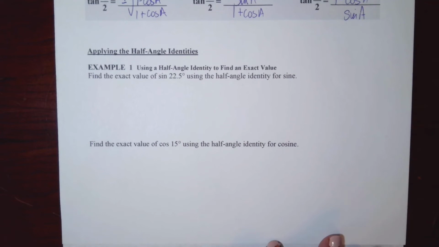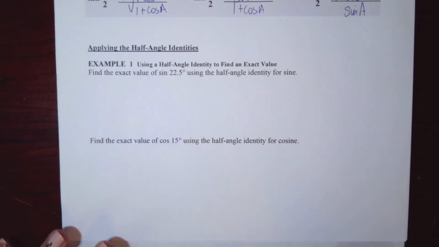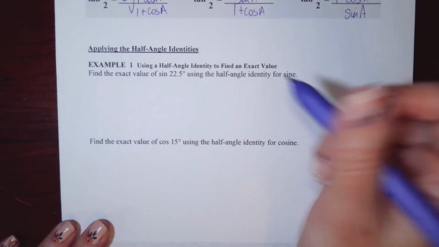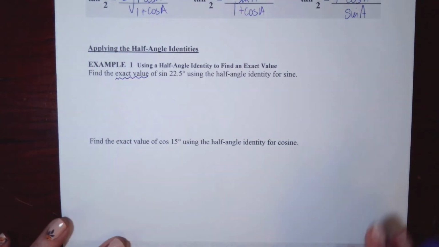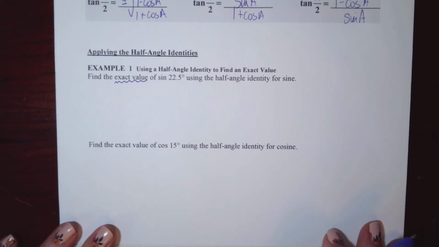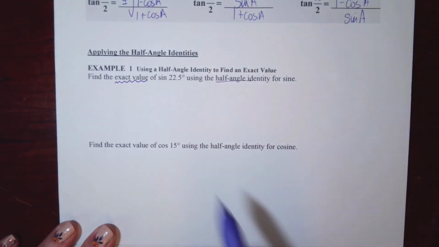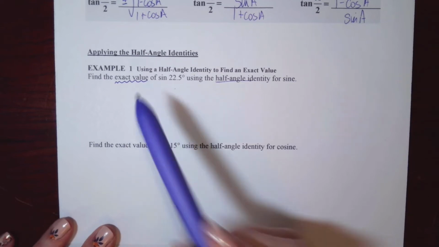So here we go, applying these half angle identities. We want to find the exact value of sine of 22.5 degrees using the half angle identity for sine. Whenever I see exact value, that means I'm not going to be pulling out my calculator, because a calculator is going to give me an approximate value. But half angle identity, that's my hint. Well, 22.5 is definitely not a special angle, but it's half of 45.